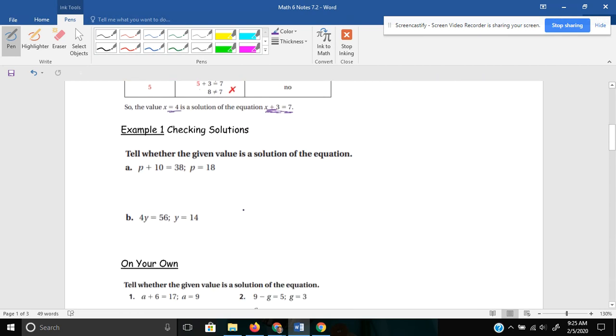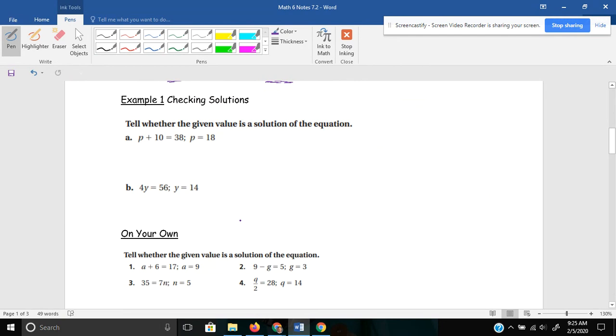Let's see an example of what that might look like. It says, tell whether the given value is a solution of the equation. p plus 10 equals 38. And we're going to test when p is equal to 18, does that make our equation true?